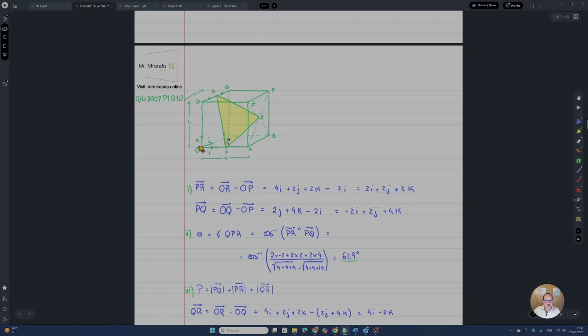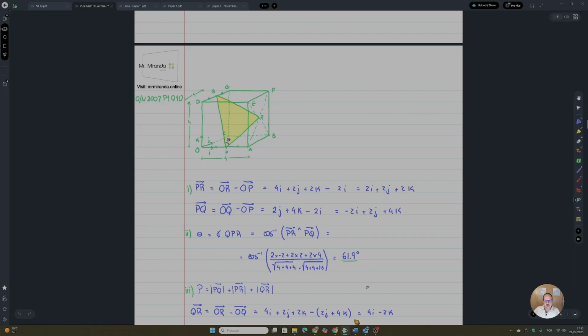That's OQ minus OP. OP, you already know what it is. What about OQ? In order for you to get to Q from O, you need to do 0i, right? It's just 2j plus 4k. So this is the result. It's already expressed in terms of i, j and k. The angle is just applying the formula.